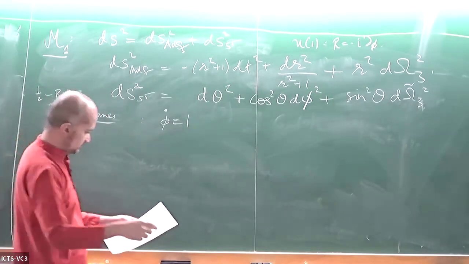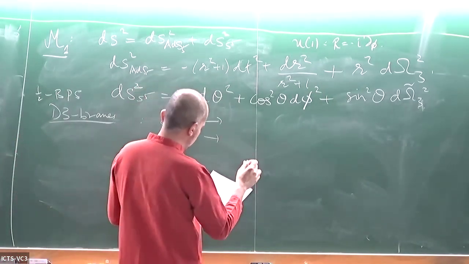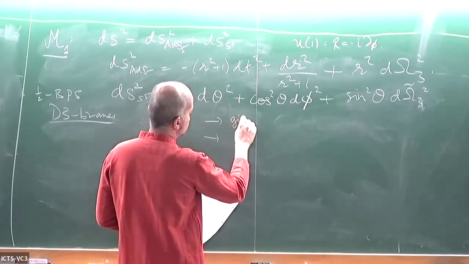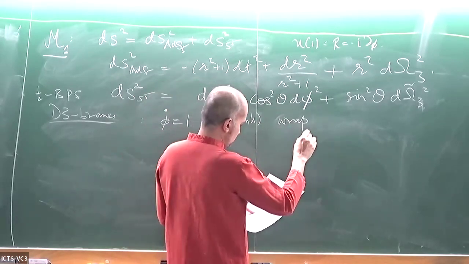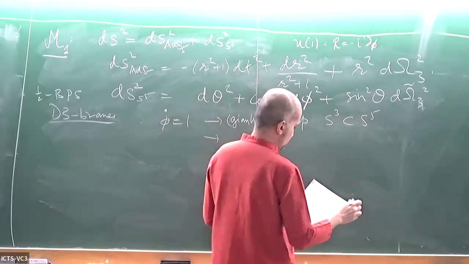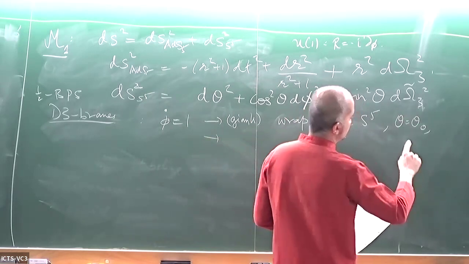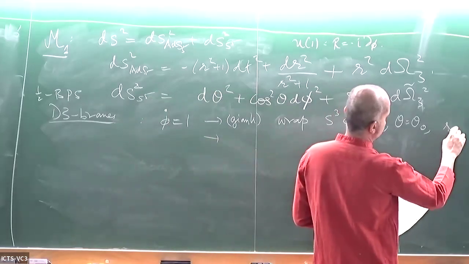And then there are two branches. One is giants. These wrap the S3 in S5, and they are at a fixed point on this 5-sphere, theta naught, theta angle, and R is 0.